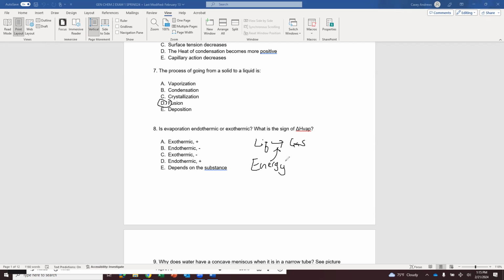If I'm putting energy in, it's endothermic. Delta H is positive for evaporation, because I'm putting energy in. We are increasing our heat. It's going into the system. So that would be D.